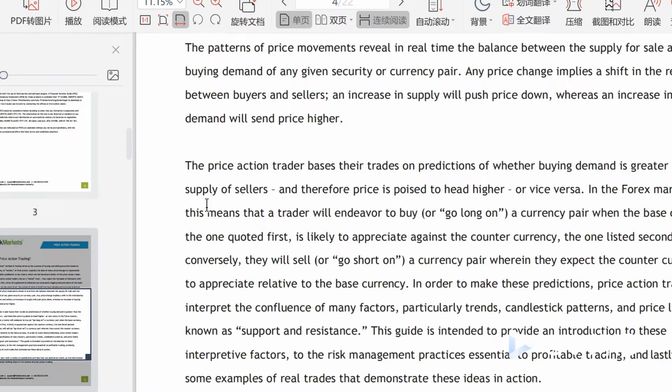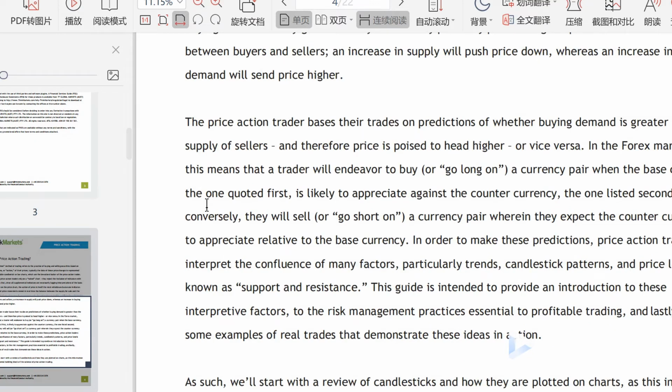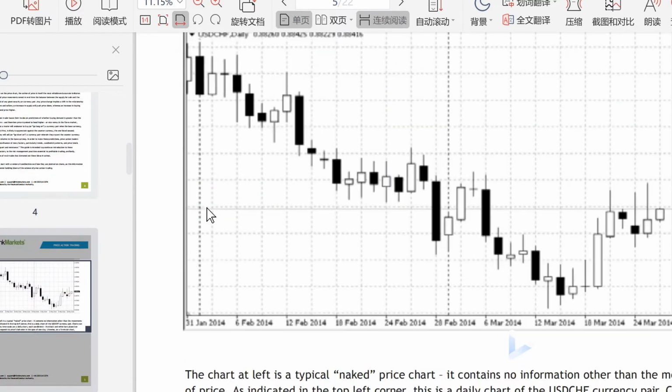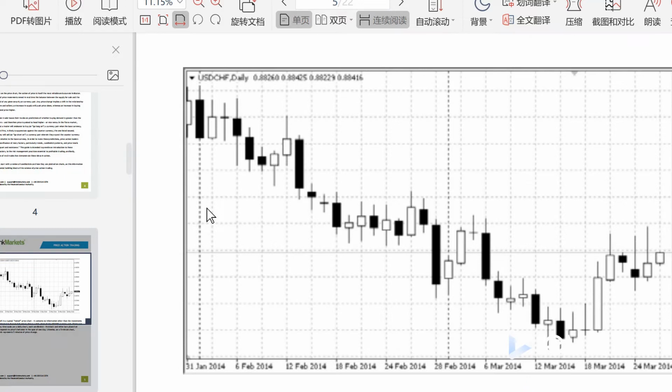financial markets. Okay, so you're going to see different concepts. You have trends, candlestick patterns, and price levels such as support and resistance, etc. Here, what you're looking at is a typical naked price chart, right?